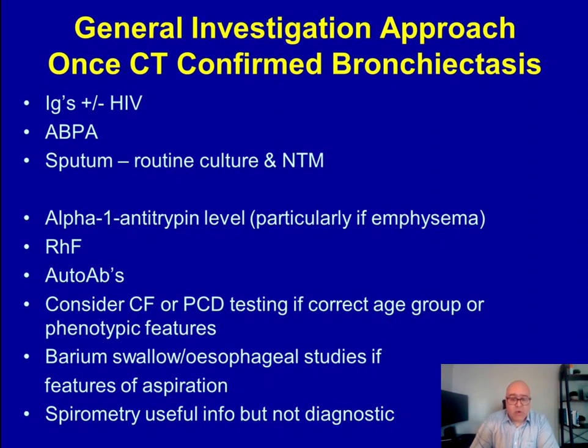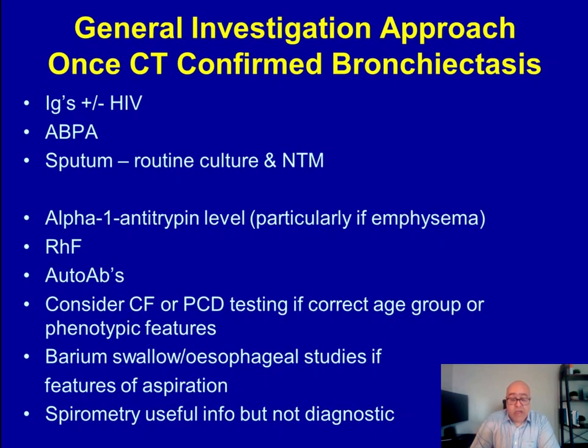And then we have quite a few other investigations which I wouldn't necessarily do as a routine on all of my patients. It depends on what aspects you've teased out from the initial history. But certainly it's worth considering all of these in all cases as to whether or not it's appropriate to do each of these. Alpha-1 antitrypsin levels, particularly if you've got patients who also have emphysema or if they're younger age.